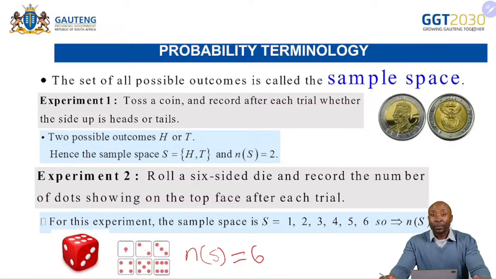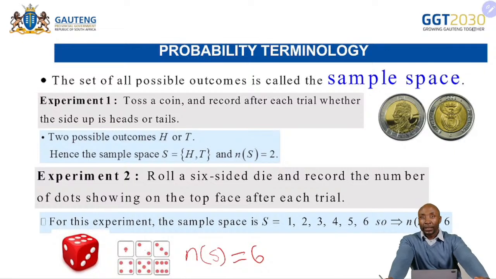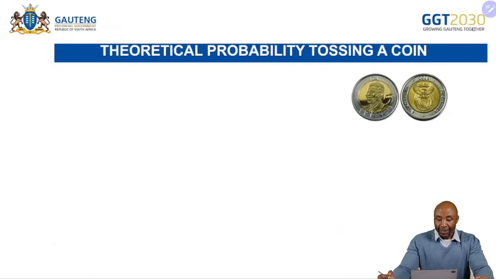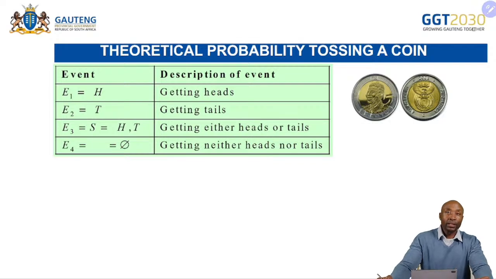So in probability, we don't want to write a lot of statements because us mathematicians are not good with statements. So we understand the shorthand that we use in this subject. So we use capital letters to represent our events. For example, E1 is obtaining an outcome H. Now we are looking at theoretical probability.